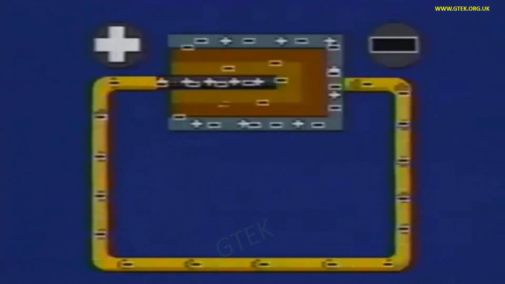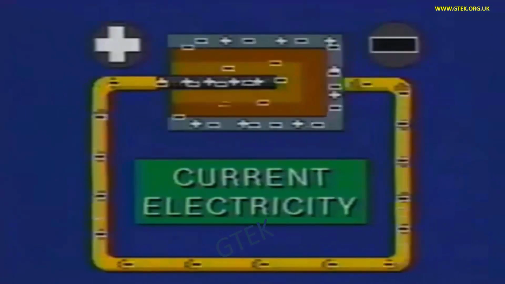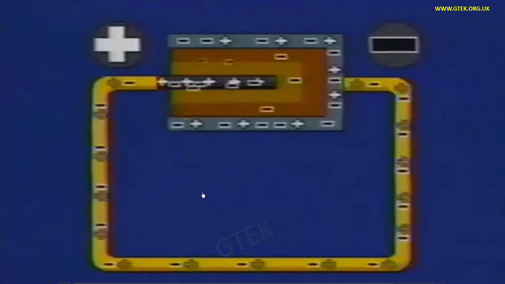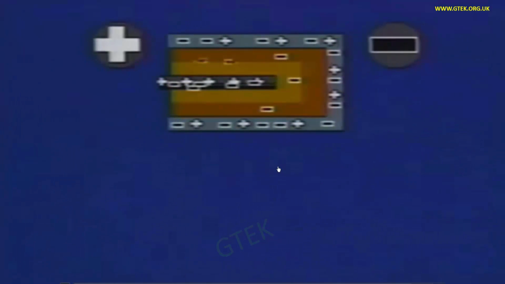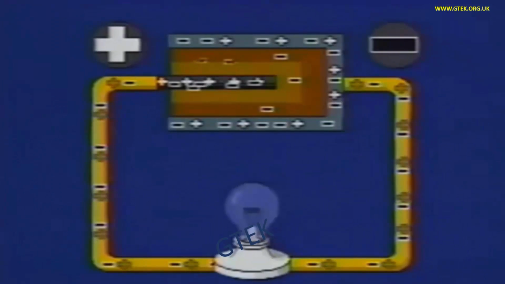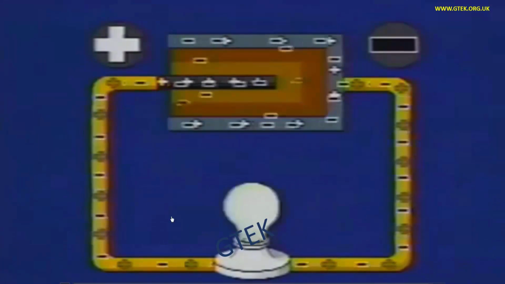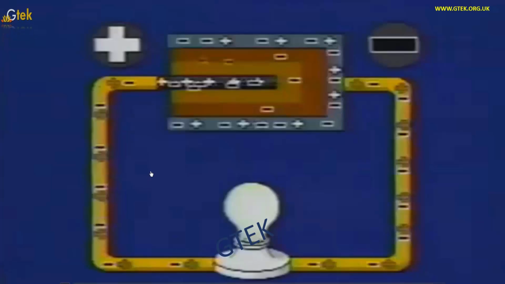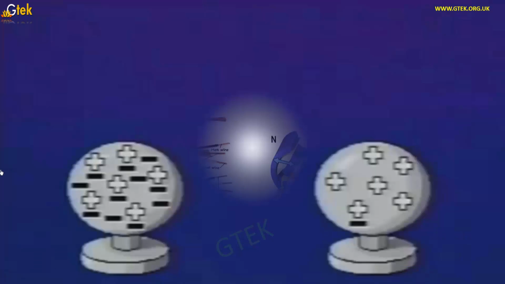It is clearly observed how the positive and negative charges of current electricity work. Based on the configuration of the electric circuit, the electric bulb glows. So this is an example depiction of the electric circuit.